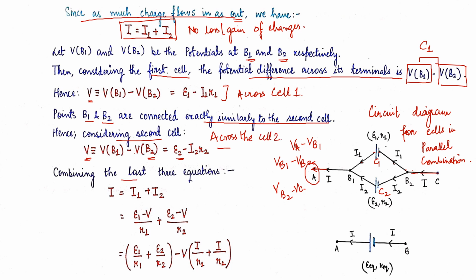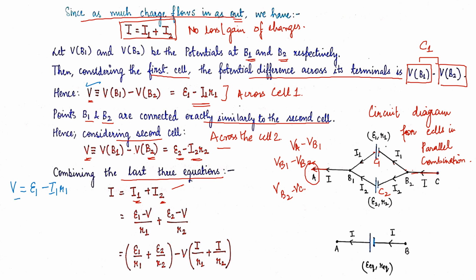Now combining the last three equations, I equals I1 plus I2, we will get I from here and I2 from here. I will solve it for you here in blue color. I will take this equation, V equals epsilon 1 minus I1 R1.